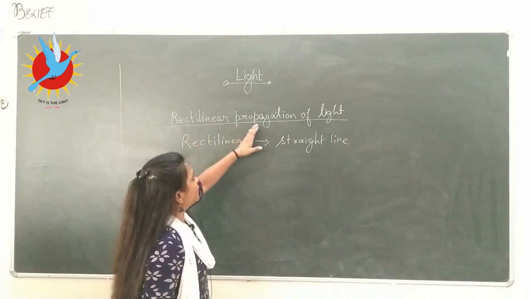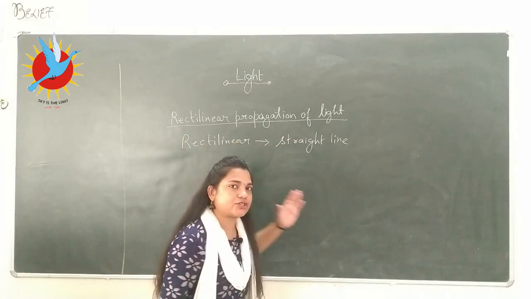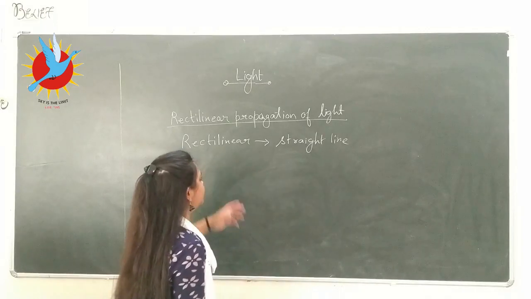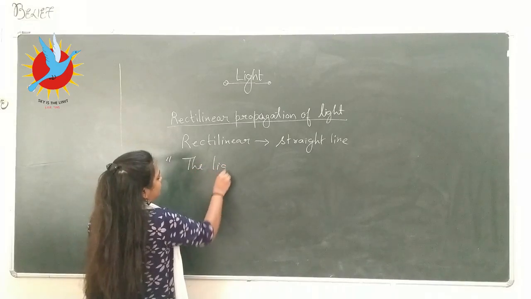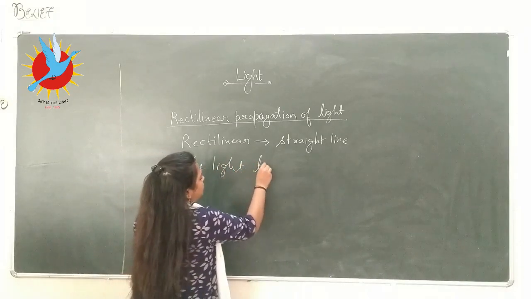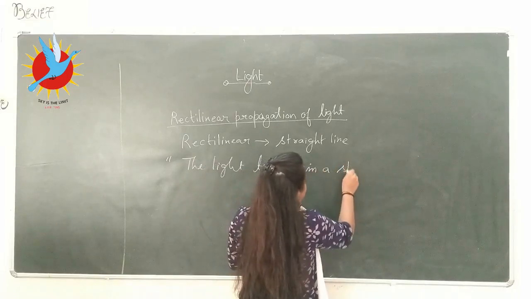So rectilinear propagation of light means the light traveling in a straight line. Basically, I am going to state here that light travels in a straight line.